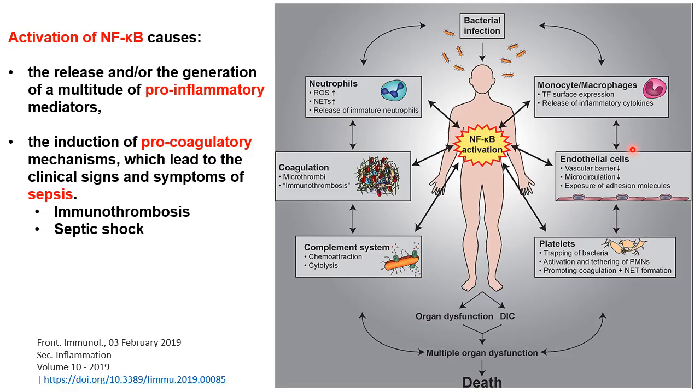So you have your endothelial cells. Something is going to happen here. The permeability of your endothelial cells is going to increase. That means the barrier, your vascular barrier, is going to go down. If you increase the permeability of your blood vessels, it means cells and liquids can come out of it.